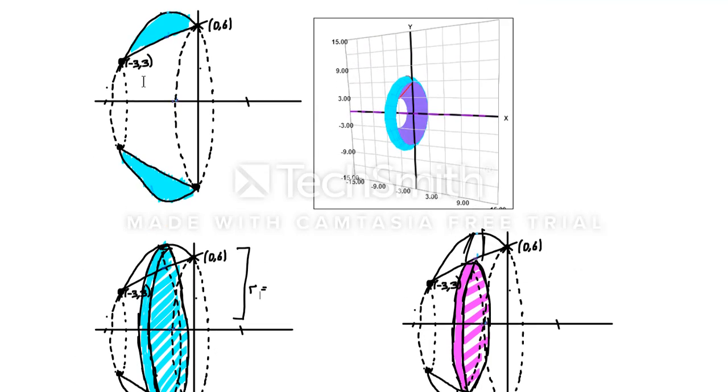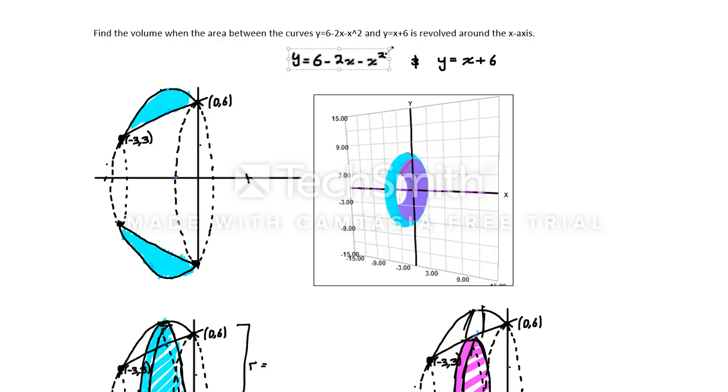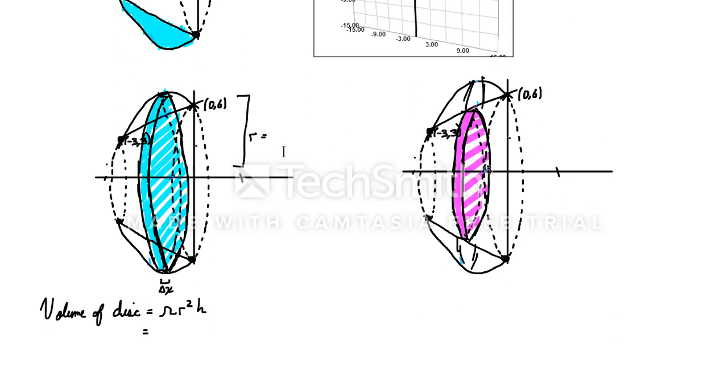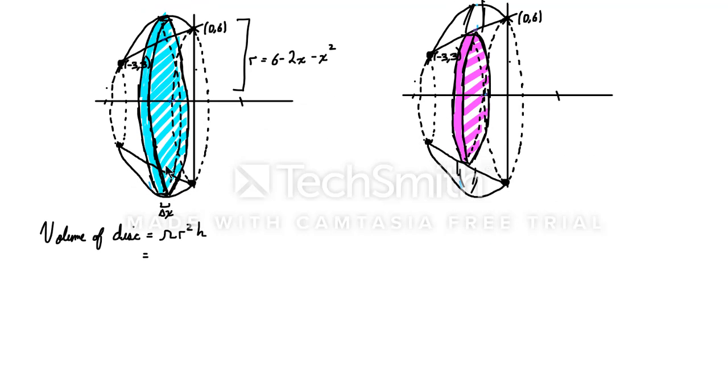Now the blue function, the outermost function, the upper one, is represented by this formula. So r will be equal to 6 minus 2x minus x squared in general. So that's enough for us to conclude that the volume of the disk I've drawn here, the arbitrary one that represents any point within the area of interest, is pi (6 minus 2x minus x squared) squared delta x.